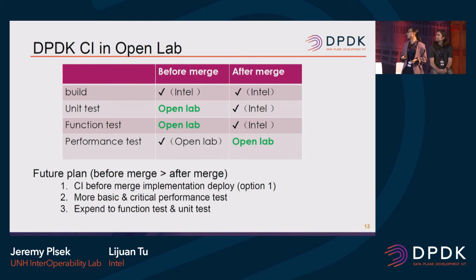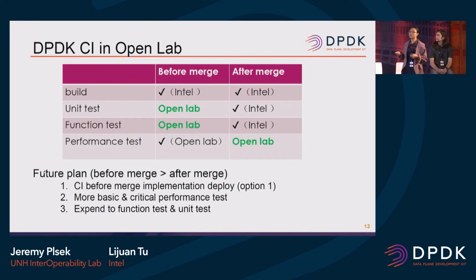Then I will have an overlook at our future plan, maybe how to narrow down these gaps in the Open Lab. The Open Lab is our DPDK Open Lab, and it's established by the Linux Foundation. There is no bias, so in the future we want to enable these gaps for the unit and function tests in the Open Lab.